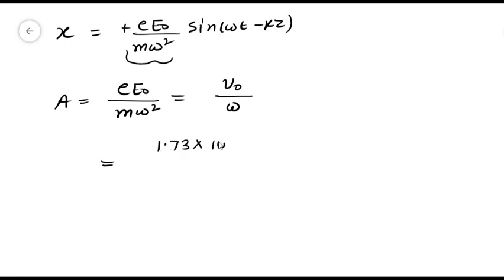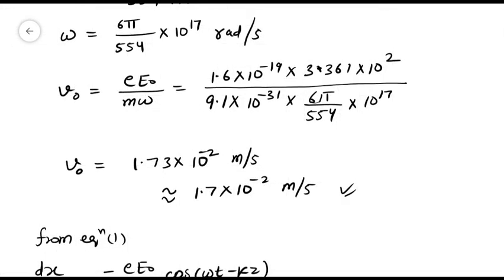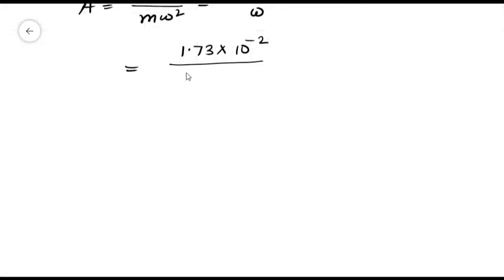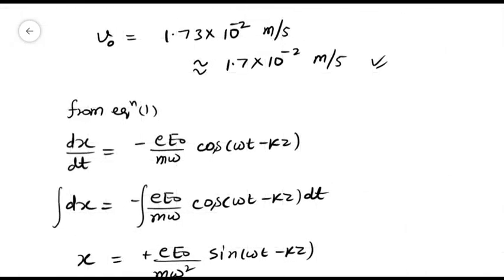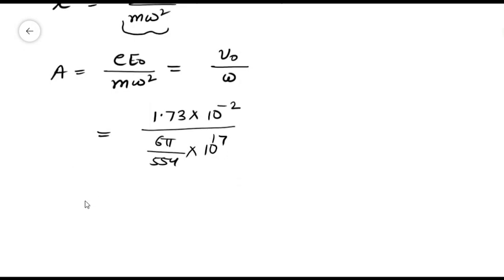to be 1.73 times 10 to the power minus 2, divided by the value of omega calculated before, which was 6 pi divided by 554 times 10 to the power 17, and after solving we get the value of A to be 5.1 times 10 to the power minus 18 meters.